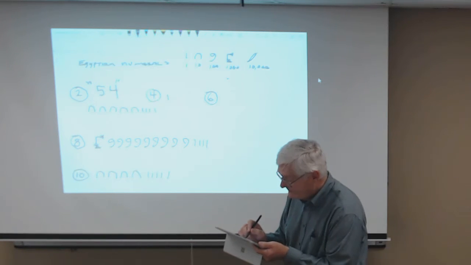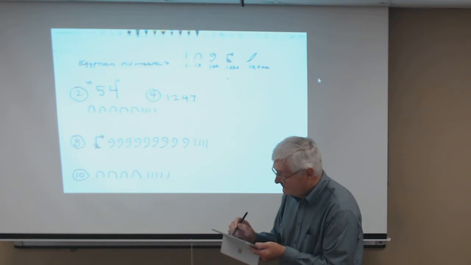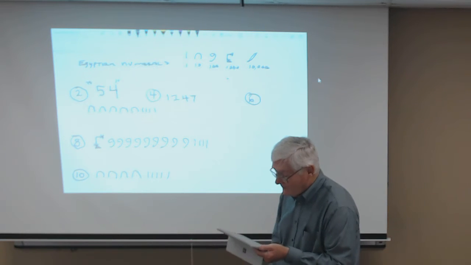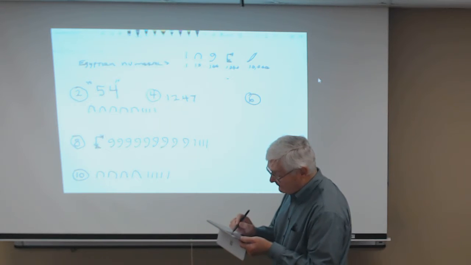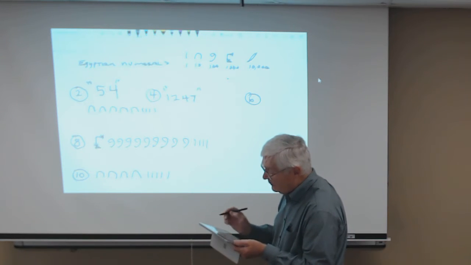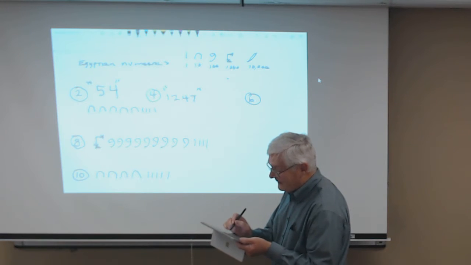Number 4, 1,247. I might need to erase this one and move it over. 1,247. How am I going to say 1,000? See that little lotus flower? Is that what that is?